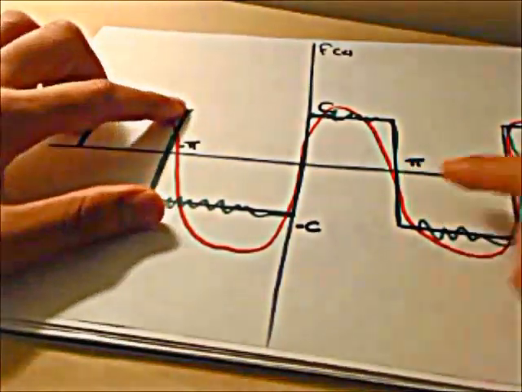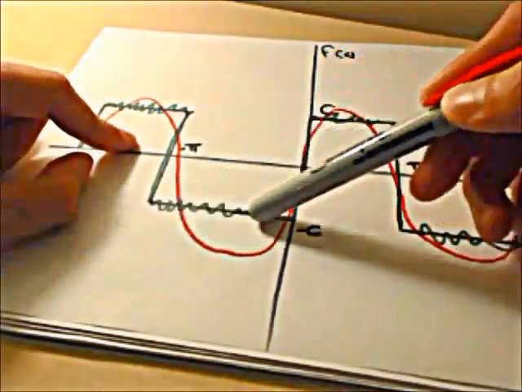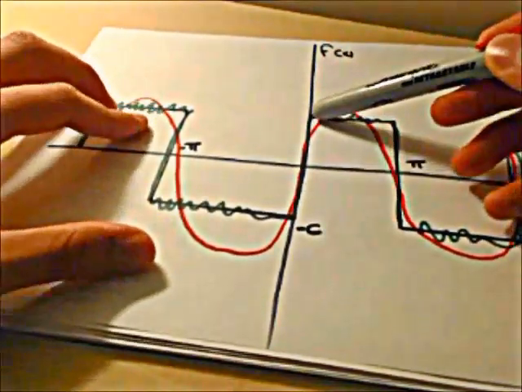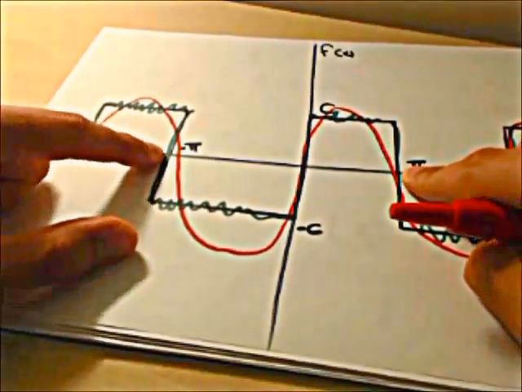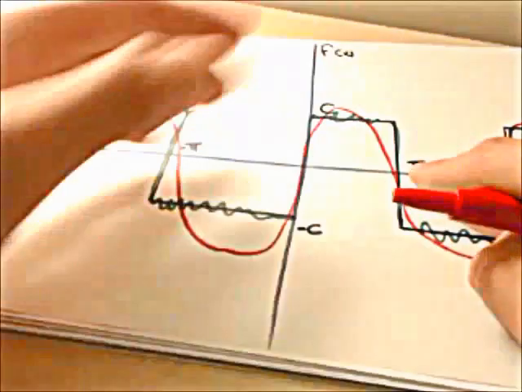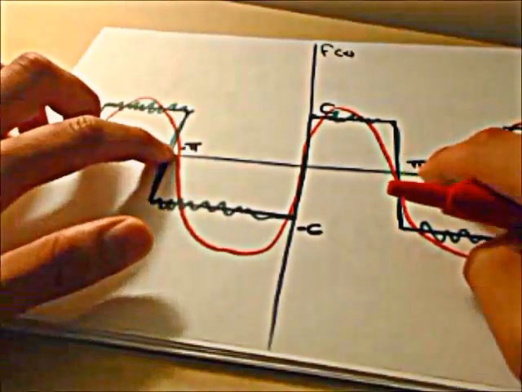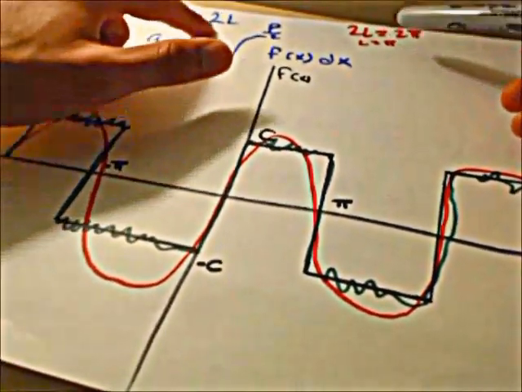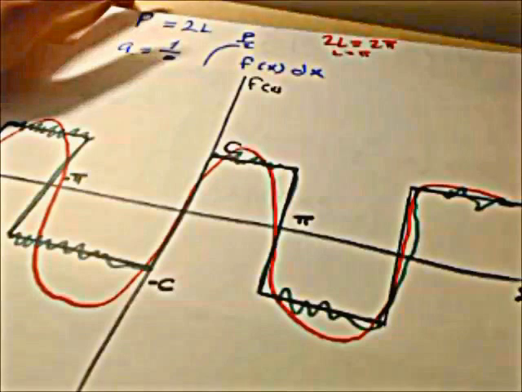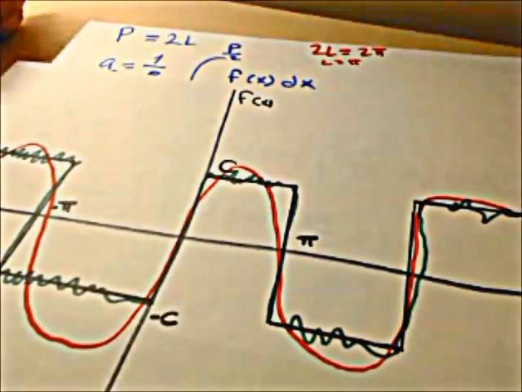Because it comes from here down and up, and that's one period. From here to here, that's one cycle, which is the period. So from minus pi to pi. In that case, the period 2L is 2 pi, and L is pi, half of it.